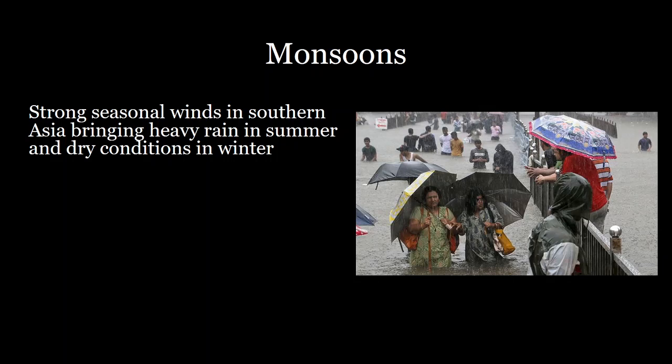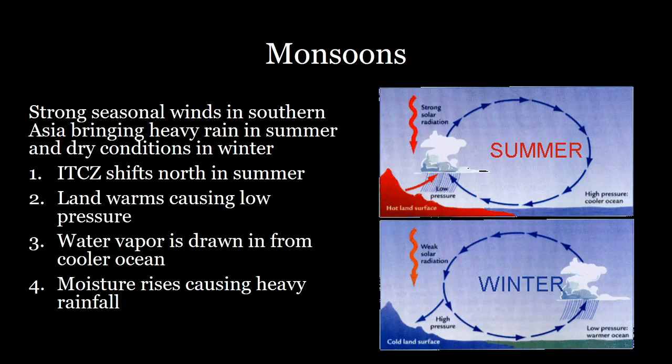And you might have seen images or experienced yourself these crazy strong flooding events that can occur in Asia, or particularly in India and Southeast Asia, during these monsoon events. And there's a very predictable pattern in the atmosphere that causes these events.